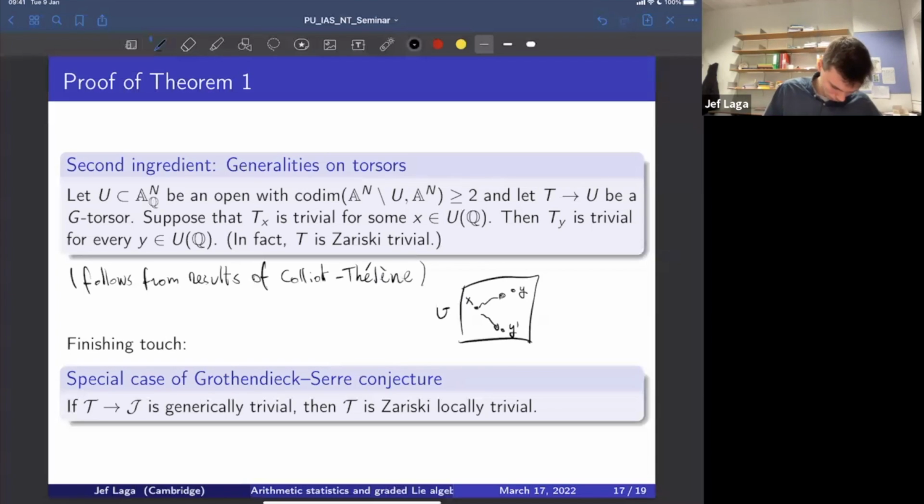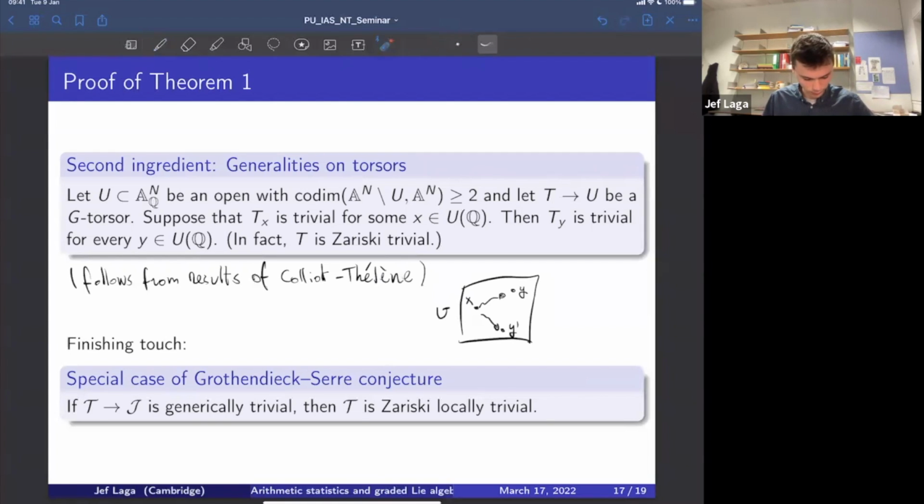All right, and then combining those two ingredients, we need one other finishing touch that binds everything together. That's an application of something called the Grothendieck-Serre conjecture, which is a general conjecture on torsors under reductive group schemes over integral regular schemes.